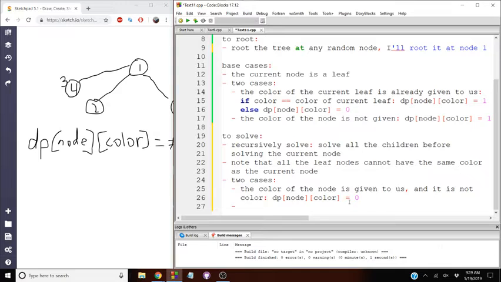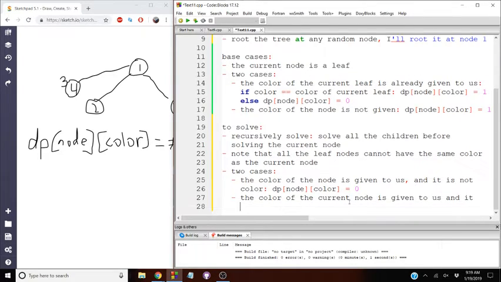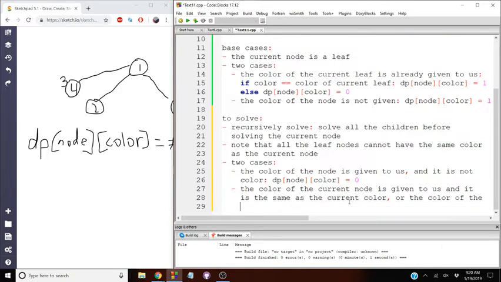Okay, so the other option is either the color of the current node is given to us and it is the same as the current color, or the color of the current node is not given to us.